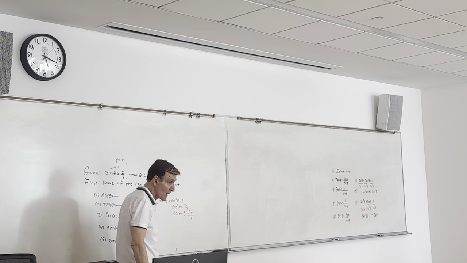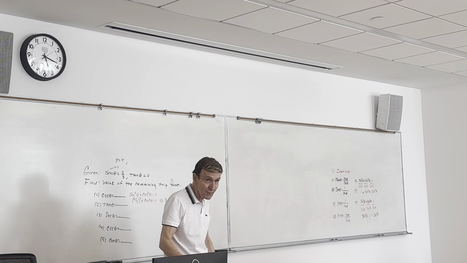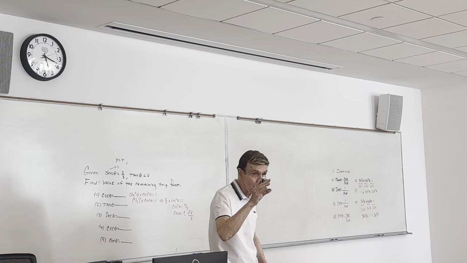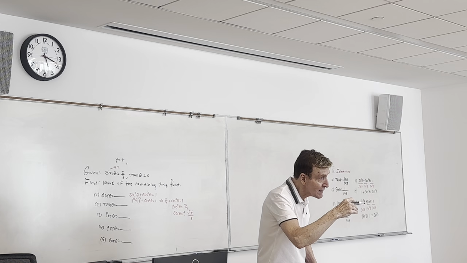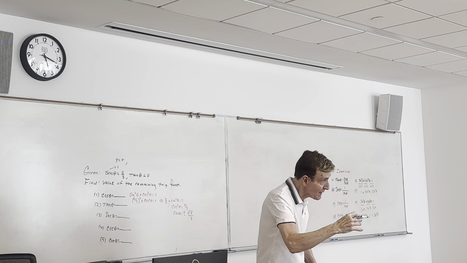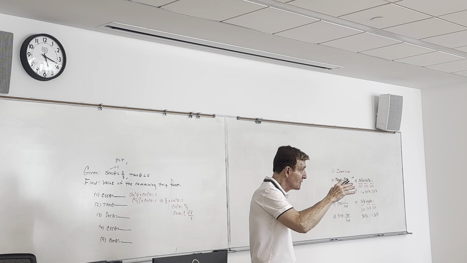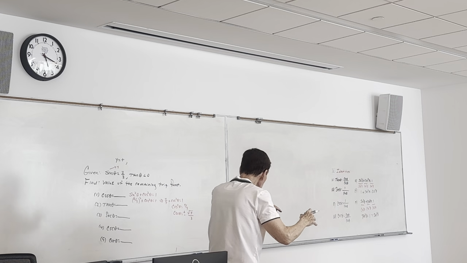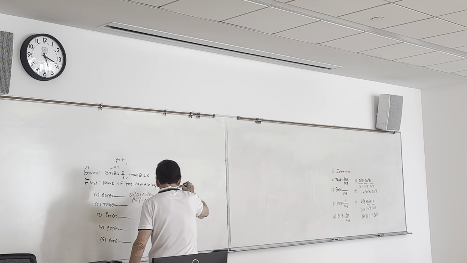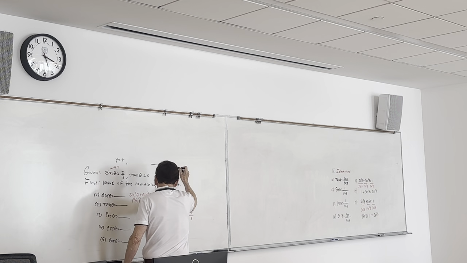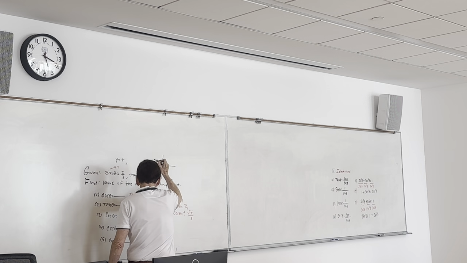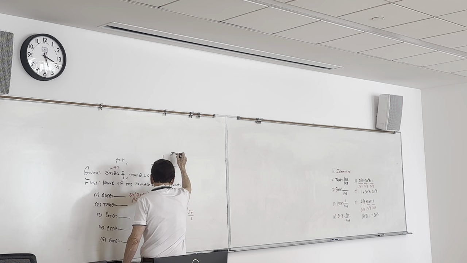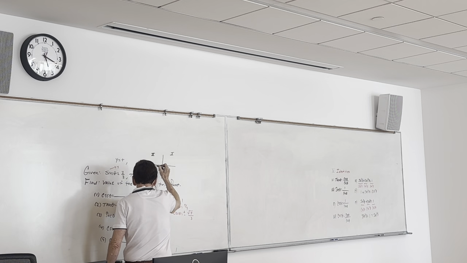Now we gotta search the four quadrants and find where y is positive, but the tangent, y over x, in that same quadrant, is negative. Is it quadrant 1, quadrant 2, quadrant 3, quadrant 4? Where is it? Quadrant 2. Okay, I'm hearing quadrant 2. Let me label this, just to make sure.